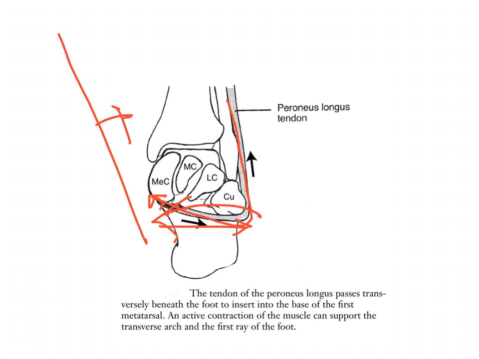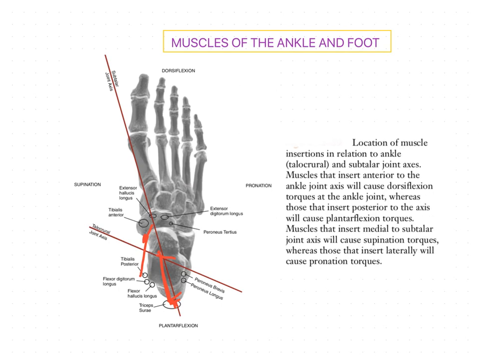Because of its attachments, it is supporting the transverse arches as well as the longitudinal arch. So these are the muscles which help in different actions of the ankle joint.